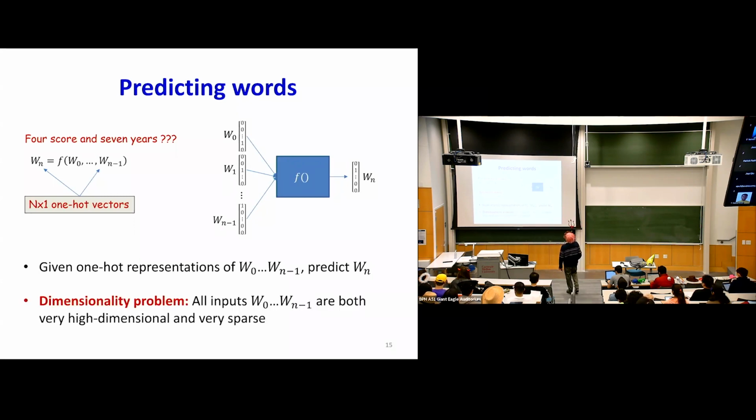The issue here is dimensionality. Now consider I'm trying to do something for English. Then you need about 100,000 words. So that one-hot vector is going to be 100,000 dimensions. Now if you're doing something for Russian, you need 400,000 words. So that one-hot vector is going to be 400,000 dimensions.